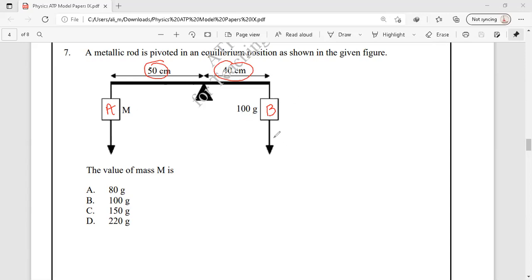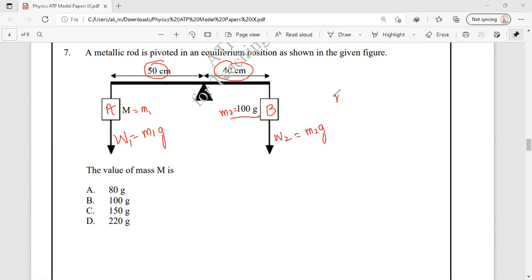So the downward force W2, and this is downward force W1. This is equal to M2G, and this will be equal to M1G. Let the mass of body B be M2, and the mass of body A be M1.